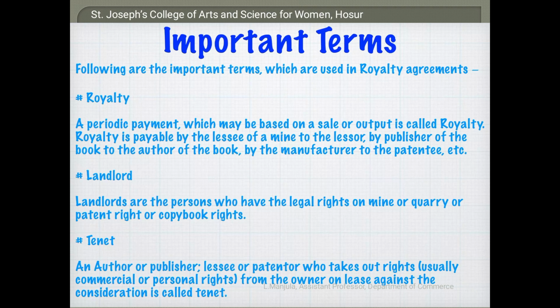Tenant: an author, publisher, lessee or patentee who takes out rights, usually commercial or personal rights, from the owner on lease against a consideration, is called a tenant.